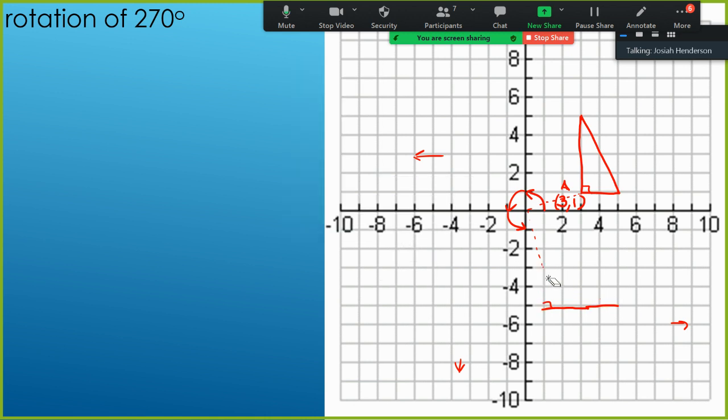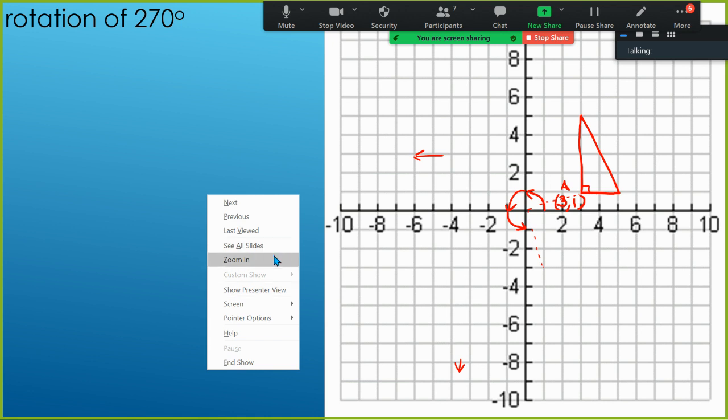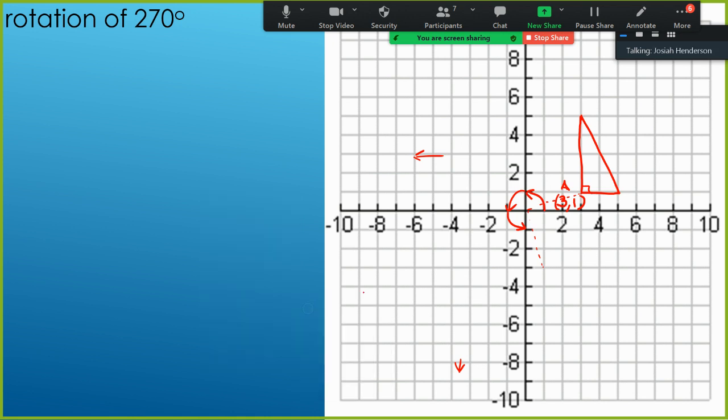Rats. I guess I should have not tried to get fancy. Sorry about that. One moment. Okay, I had the right numbers, but I had it flipped. That's correct, I think. So that way our A, yeah, that would be A prime.